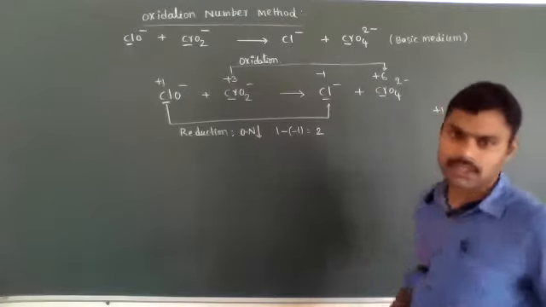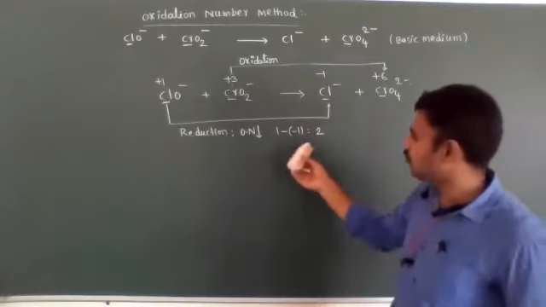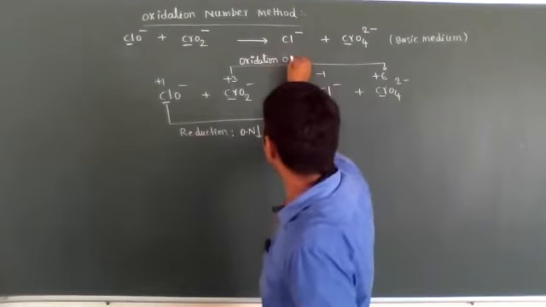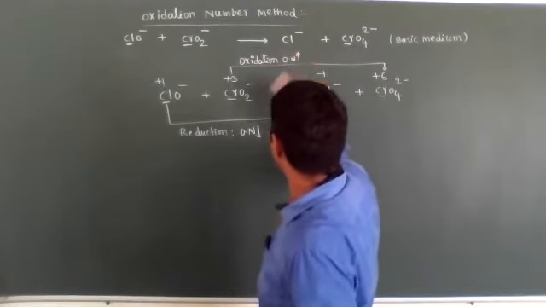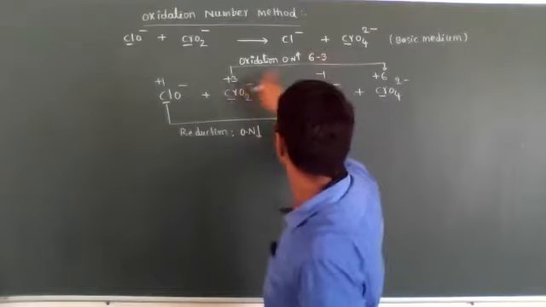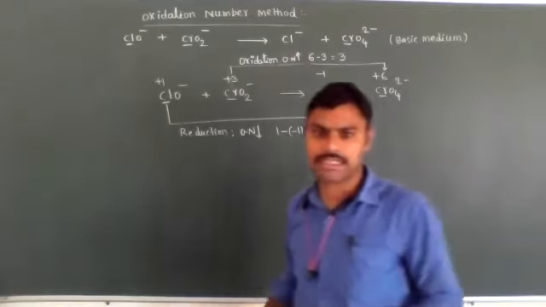So in the reduction reaction, the oxidation number is decreased by 2 units. In the oxidation reaction, the increase is the highest value minus the lowest value: 6 minus 3 is equal to 3 units. So 3 units of oxidation number are increased.